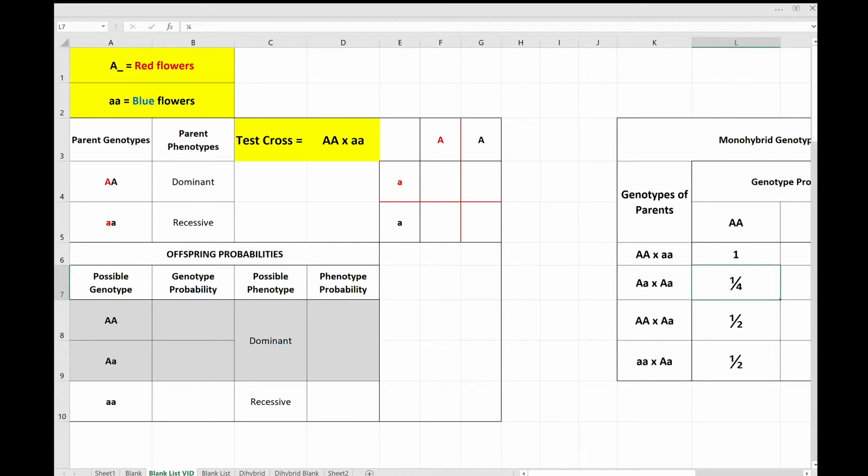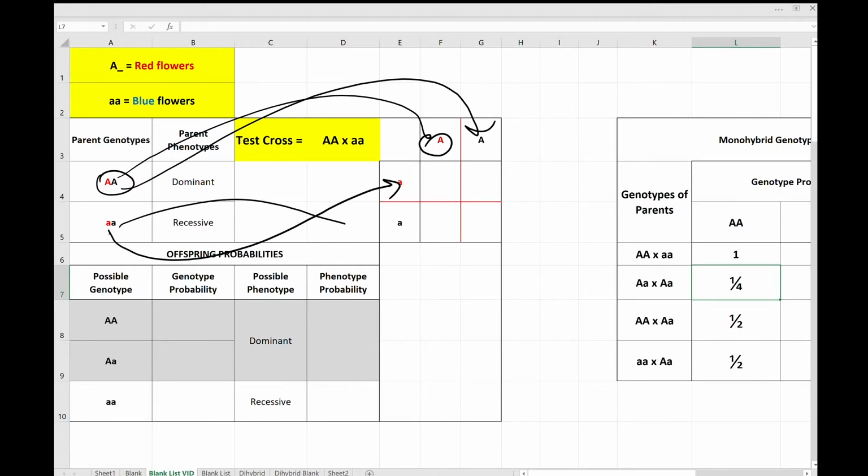And if you do a cross between a true breeding red flowered plant, which means that plant is homozygous dominant, and you cross it with a true breeding blue plant, which means it's homozygous recessive, the parent of the red plant offers alleles in its gametes here and here, and the blue plant offers alleles here in its gametes and here.